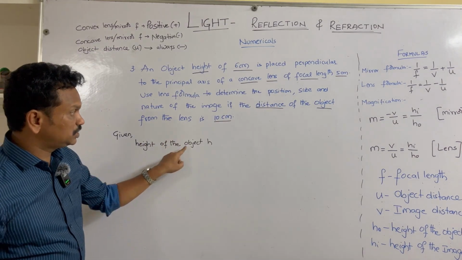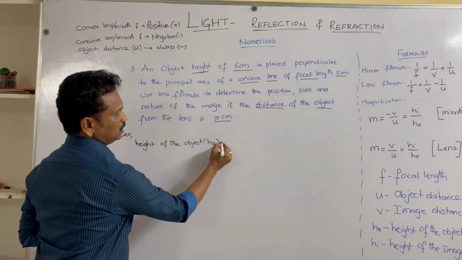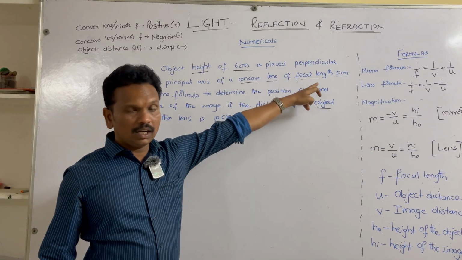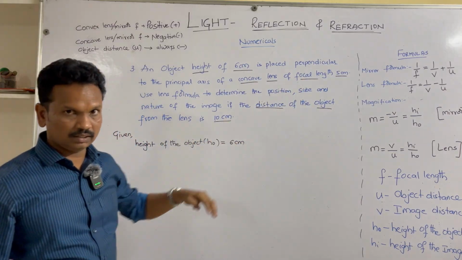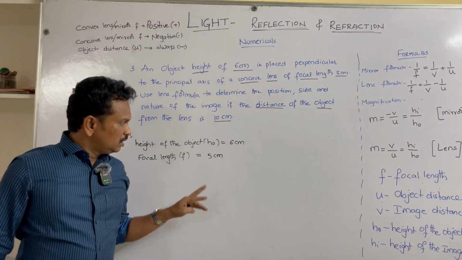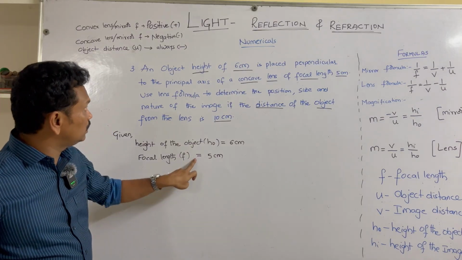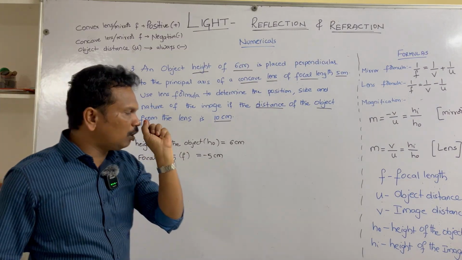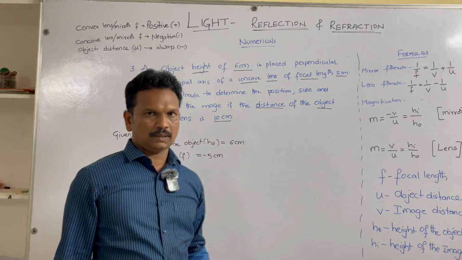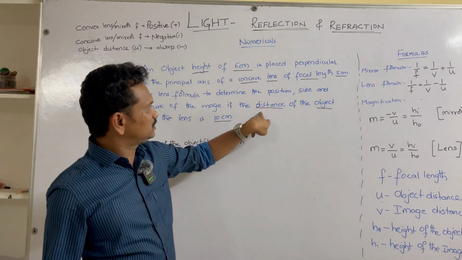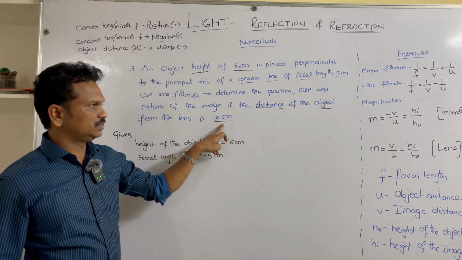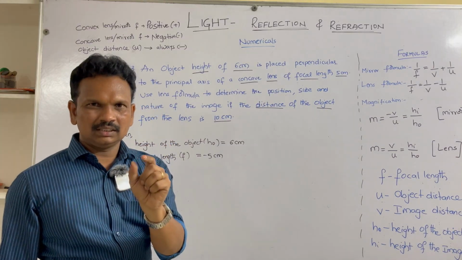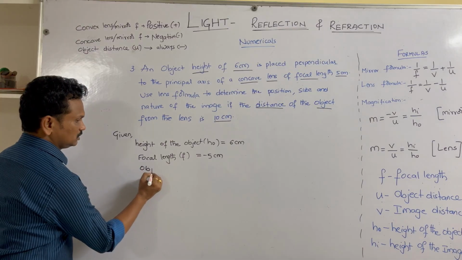Height of the object, HO, equal to 6 centimeters. Then focal length of lens 5 centimeters. Here 5 centimeter focal length, concave, minus, and here object height always positive. Then distance of the object from the lens, object distance 10 centimeters. Object distance u is always minus.